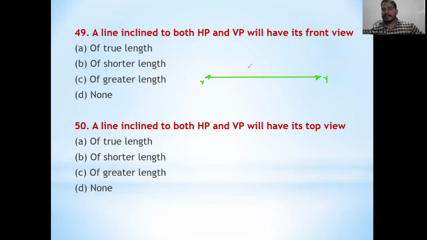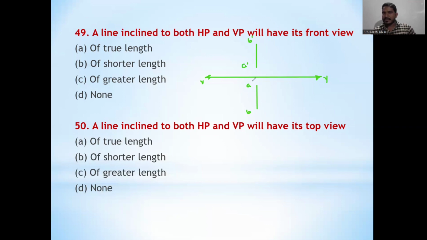That means whatever the front view is, we'll get it perpendicular to XY, like this. So this is A dash, B dash, A, B. In this case, the line is mentioned as inclined to HP and VP, so here we have assumed it is parallel to VP.